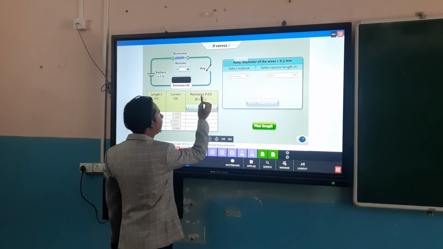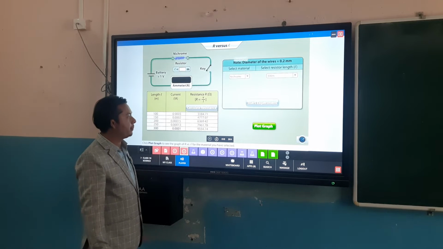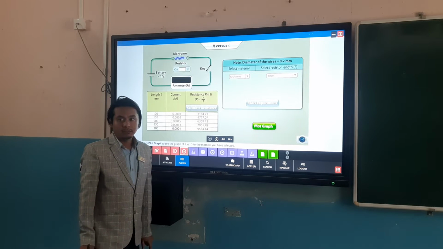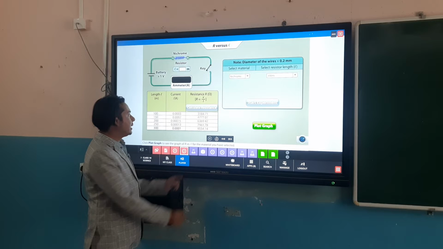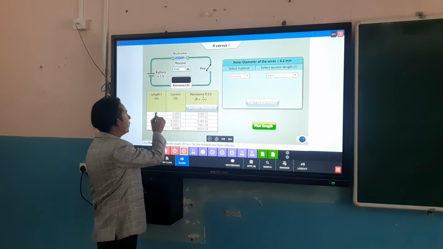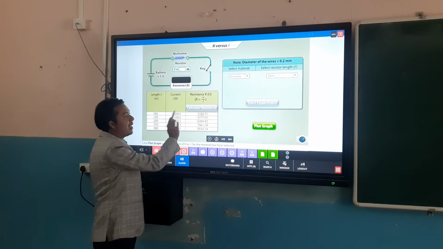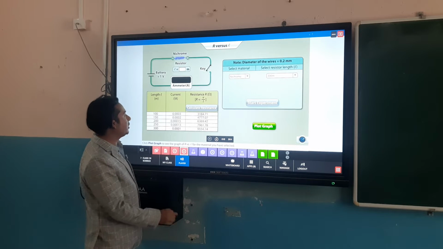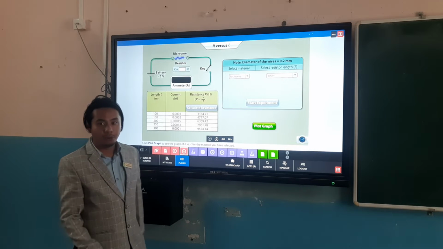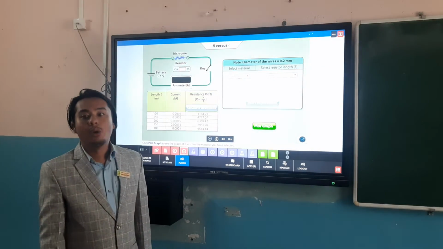So let's calculate the resistance and see the value. Plot the graph of the resistance versus length. You can see the value of resistance here. When the length of the wire was 100 meters, the resistance is almost 3184.71 ohm.